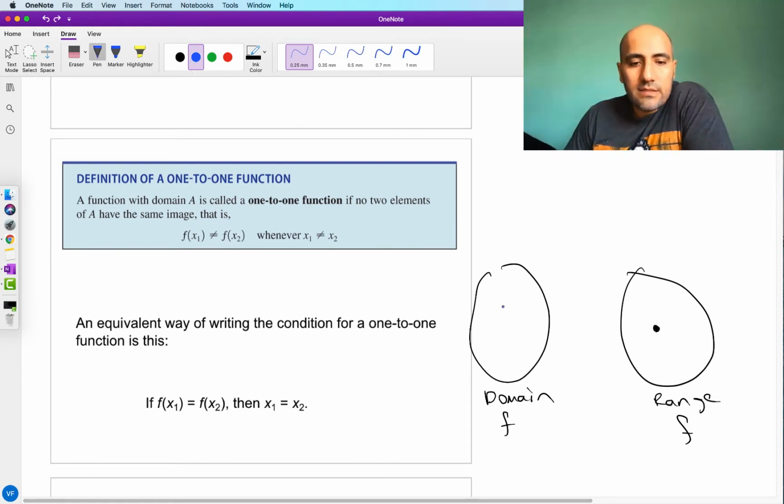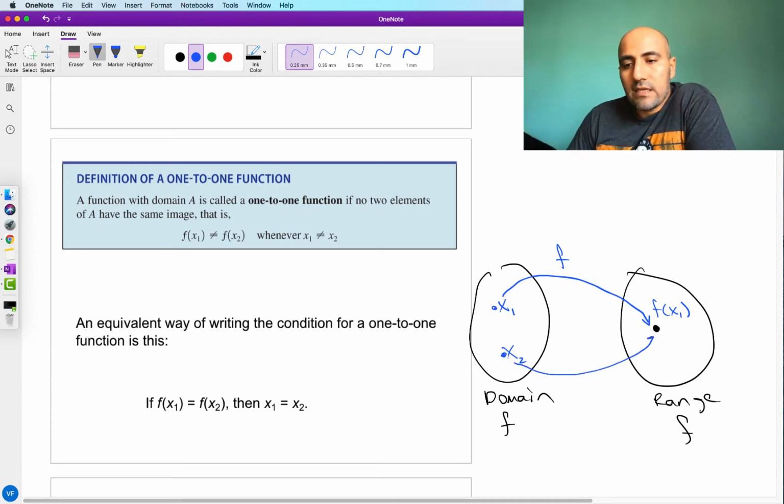Let's say that there is an x sub 1 over here, such that when I map it over under the influence of f, whatever f is doing, it lands as f of x sub 1, right? And then there's this other one, apparently, x sub 2 over here. Here's x1, here's x2, and it also seems to land in the exact same spot. It looks like this is equal to f of x sub 2.